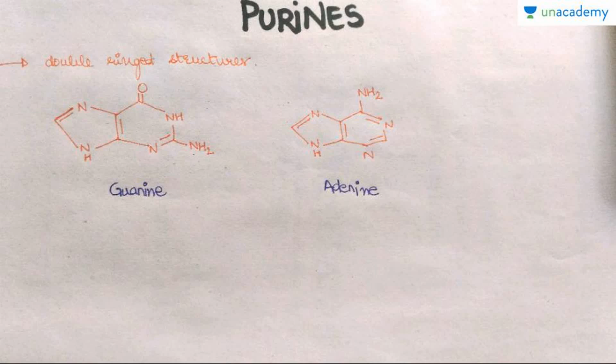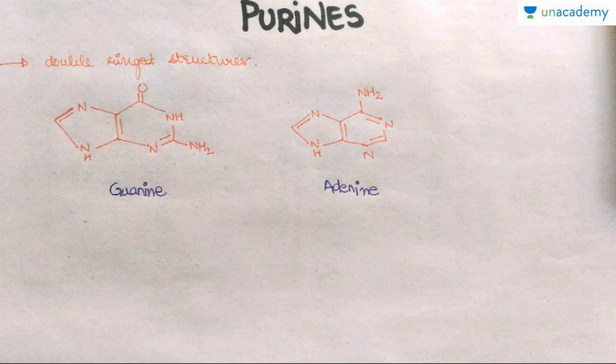Okay, a simple definition of nucleic acid would say that successive nucleotides join to each other to give rise to long chains which are known as nucleic acids. Now we're going to study the basic concepts of nucleic acids, starting with purines. We have heard this term many a times, but we usually get confused between purines and pyrimidines.